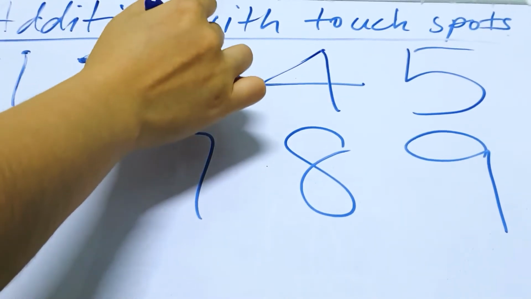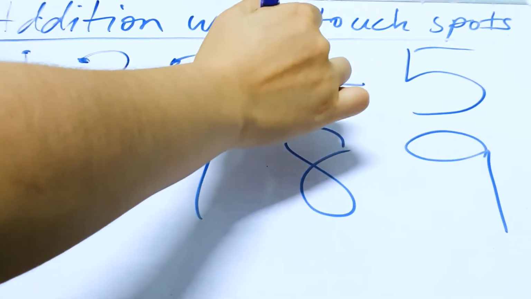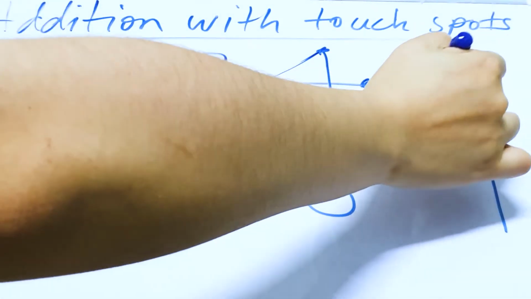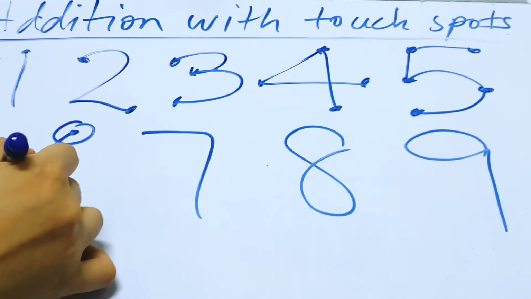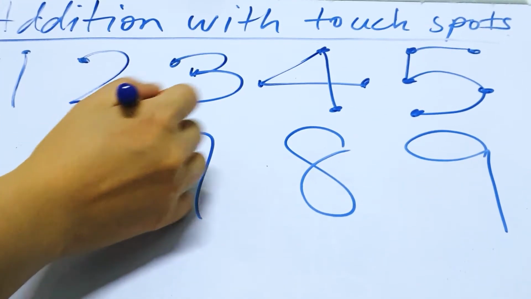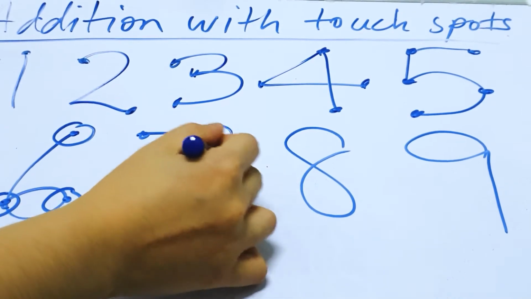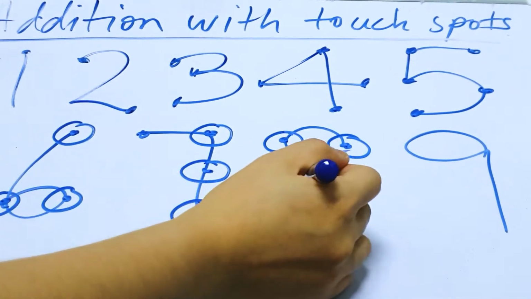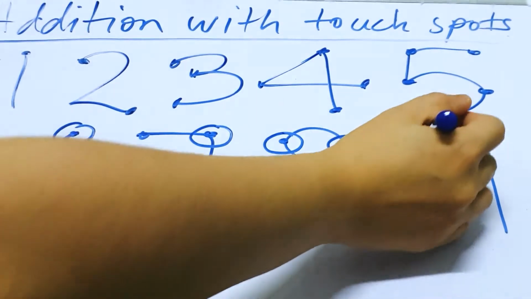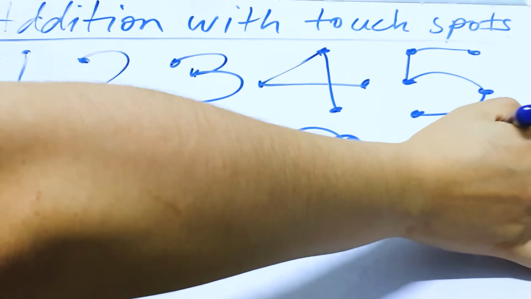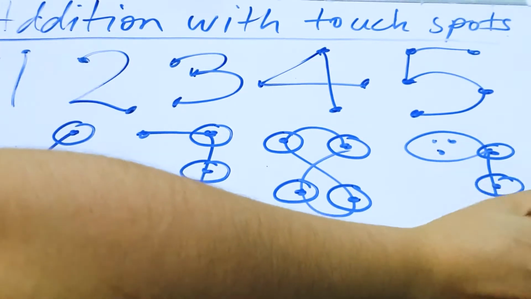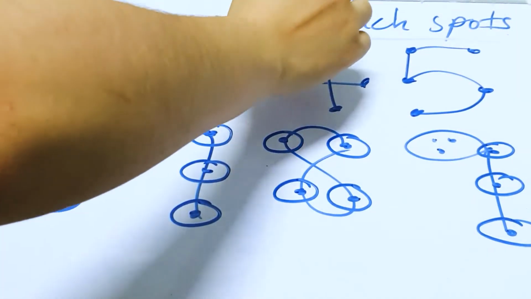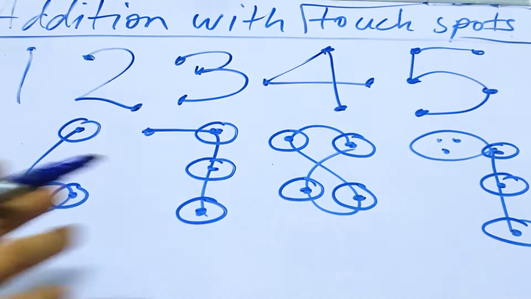Then 1, 2; 1, 2, 3; 1, 2, 3, 4; and so on up to 1, 2, 3, 4, 5, 6, 7, 8, 9. These are called Touchspots.